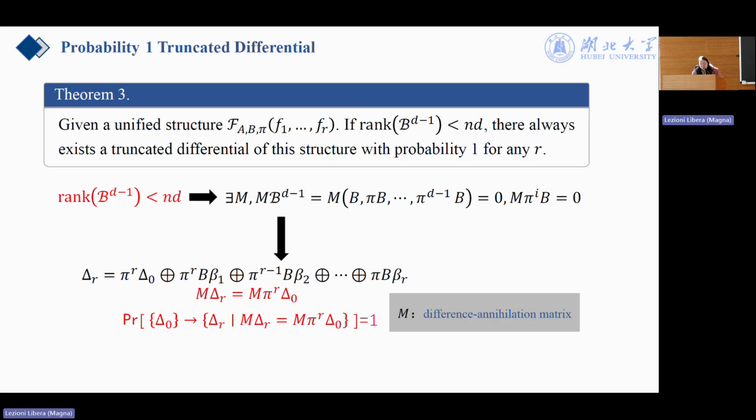For a united structure, if this rank is less than ND, then we can prove there always exists an R-round truncated differential with probability 1. And this means that in this case, the united structure is not secure. We can use the Simon algorithm to break it.